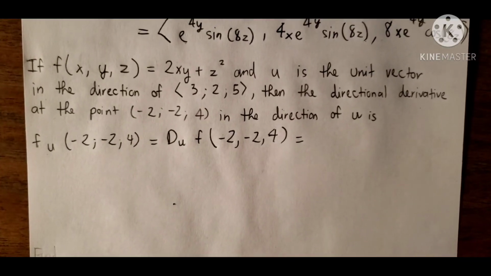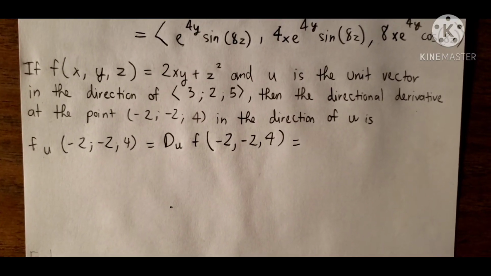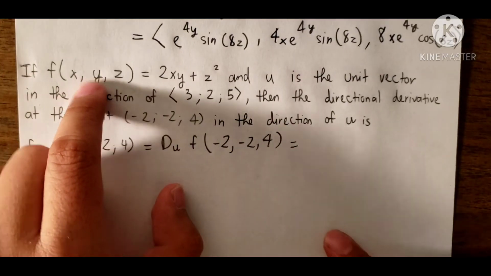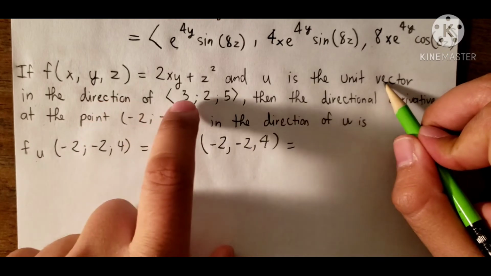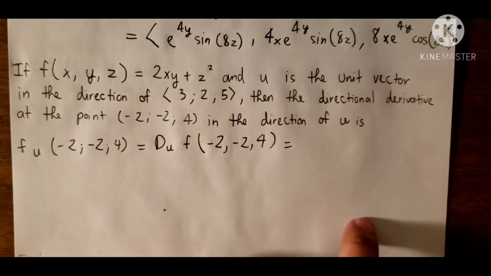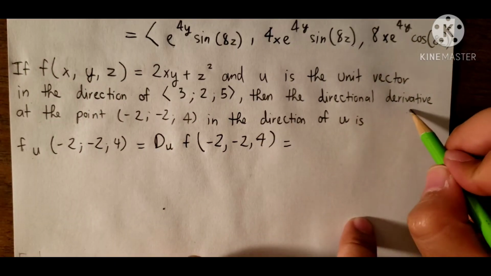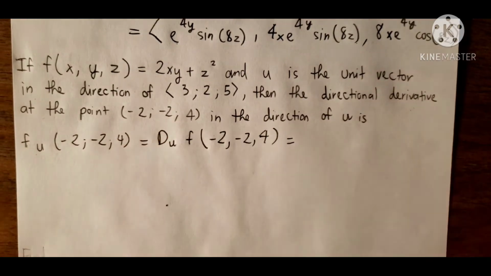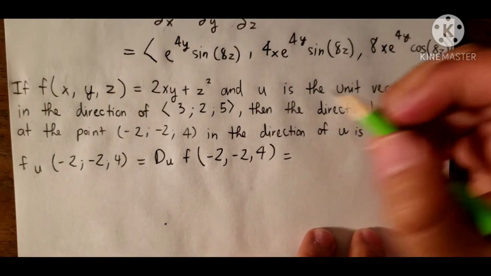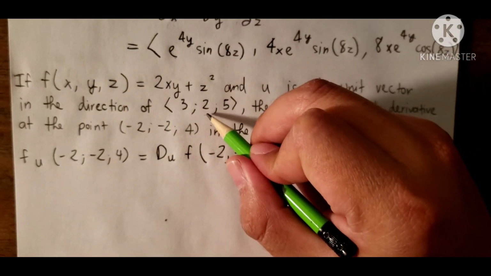The next question is about directional derivative. We have the function and a vector (3, 2, 5), and we want the directional derivative at the point (-2, 4). First we do two things. First we need to find the magnitude of this vector.